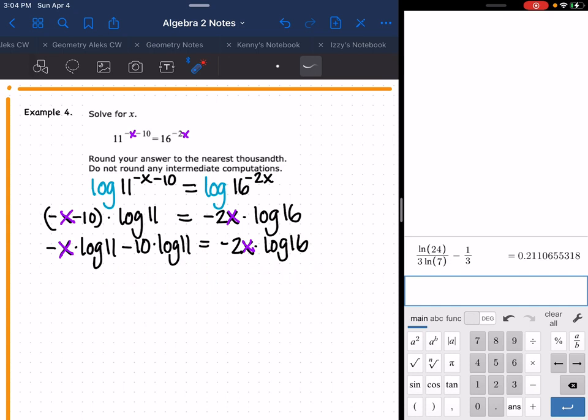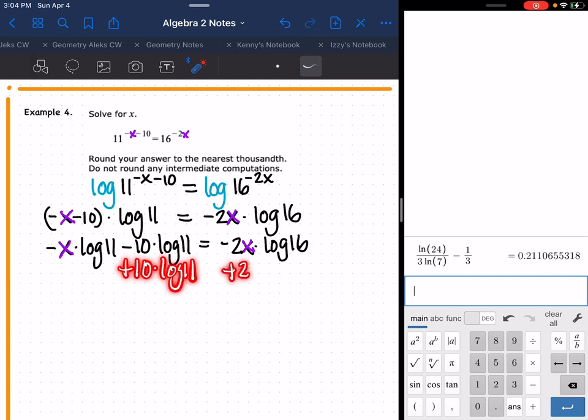Okay? Likewise, since this one does not have a log, I want to move it to this side. So basically, these two are going to swap places. And when they do that, remember, we're doing the opposite sign.